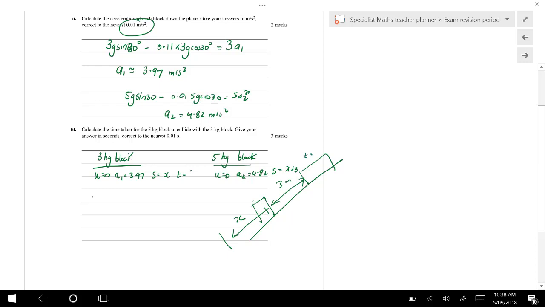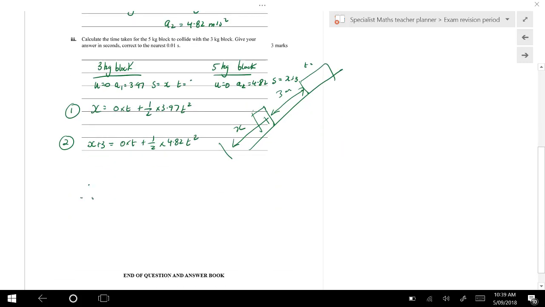So I'm going to use my constant acceleration equation. X is equal to UT, which is 0 times T, plus a half times 3.97 T squared. Both those T's are the same. And the other one, X plus 3, which is the distance, is equal to UT plus a half times its acceleration times T squared.